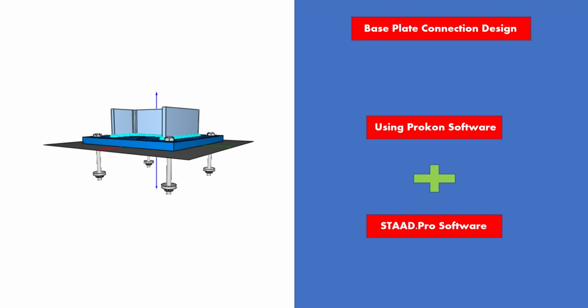In today's video, I want to show you how you can design base plate connection using Prokon and STAAD.Pro software. The connection design is going to be done on Prokon, but we are going to be using STAAD.Pro software for obtaining our design loads such as the axial load, shear force along the X and Z, and the moment in case there is movement.